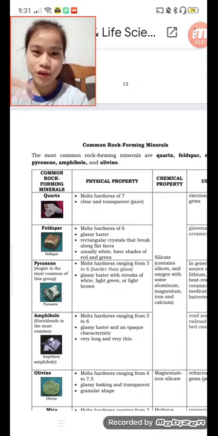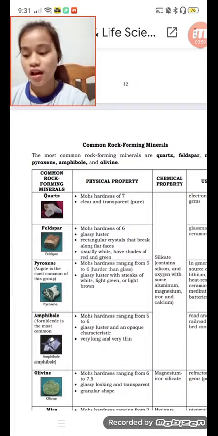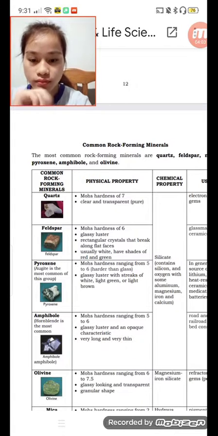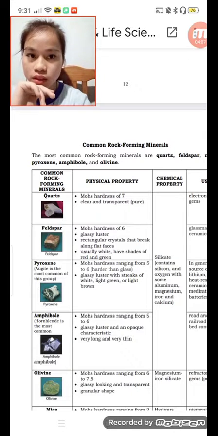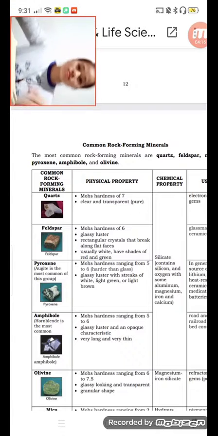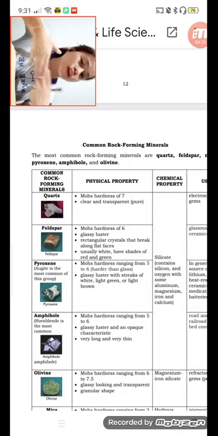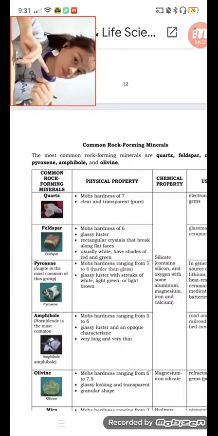What have you learned about the common rock forming minerals?